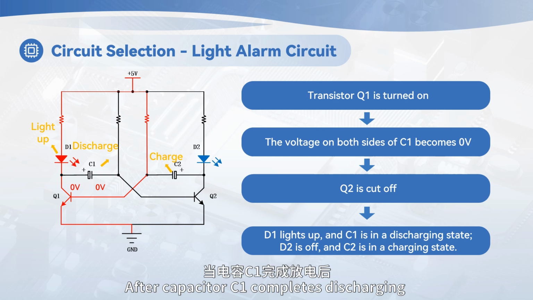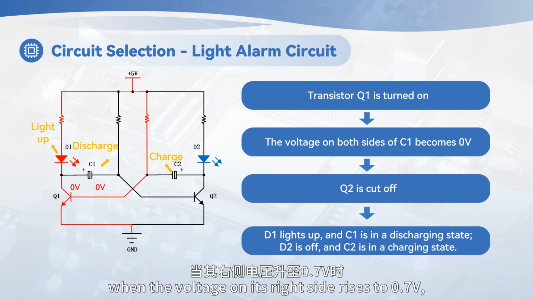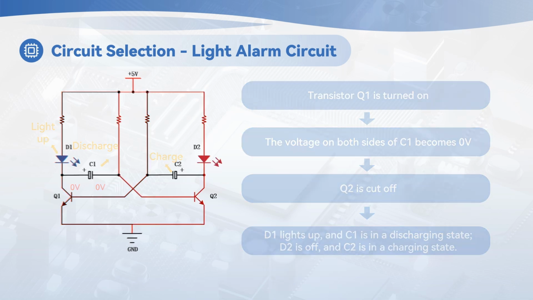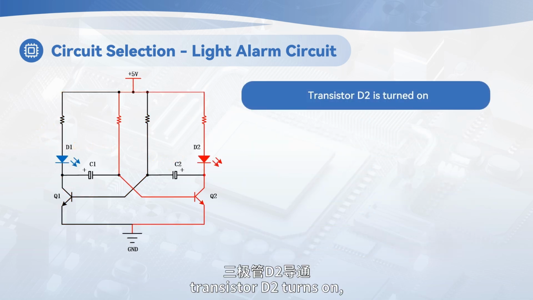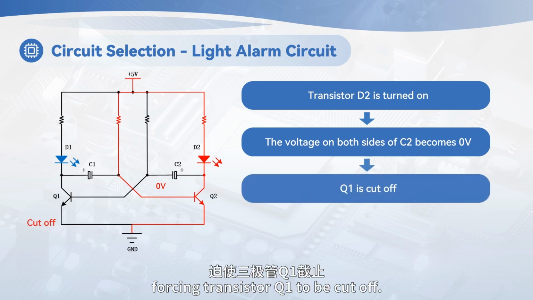After capacitor C1 completes discharging and starts to charge in reverse, when the voltage on its right side rises to 0.7 volts, transistor Q2 turns on, the voltage across capacitor C2 becomes 0 volts, forcing transistor Q1 to be cut off.